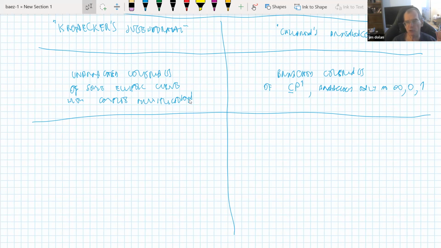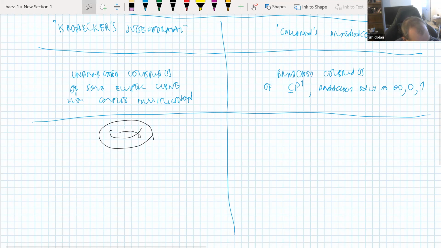Sometimes people talk about orders in a quadratic number ring. But yeah, so you've got some elliptic curve with complex multiplication. I'll just draw a little picture of the elliptic curve there.